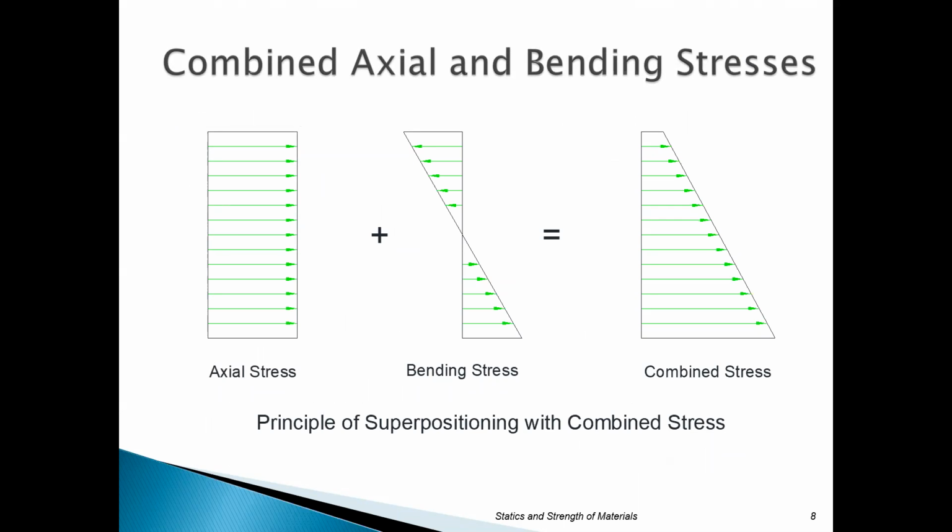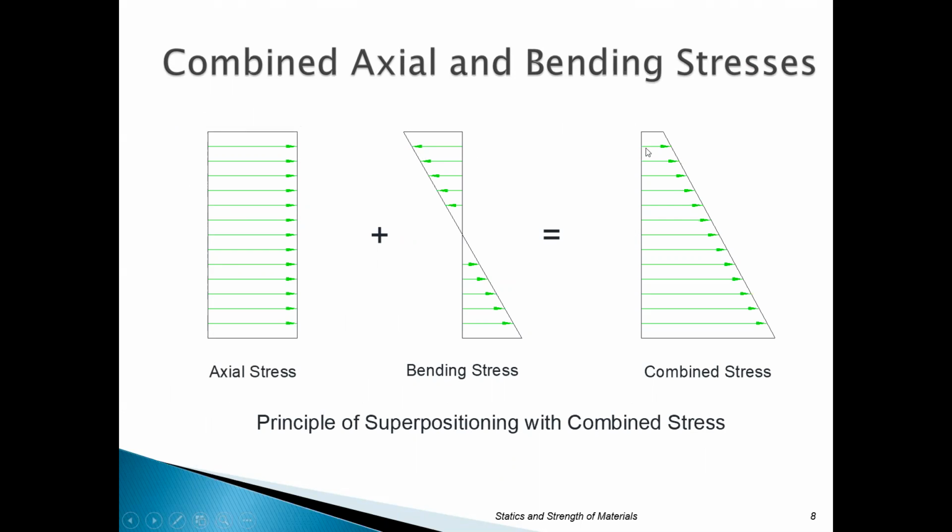This is showing you a member, and this is what the stress is doing in axial. So this is indicating maybe that the member's in tension. And due to bending, we have compression going on at the top and tension going on at the bottom. By using this superpositioning concept, you're just adding these vectors together. Notice that a vector going this way, consider it positive. A vector going that way, consider it negative.